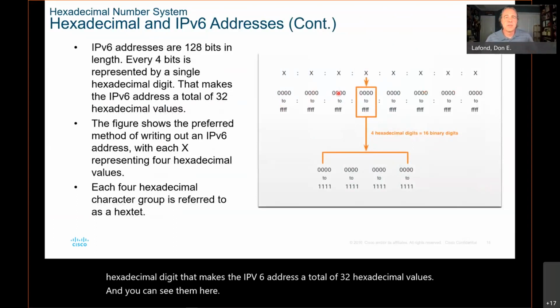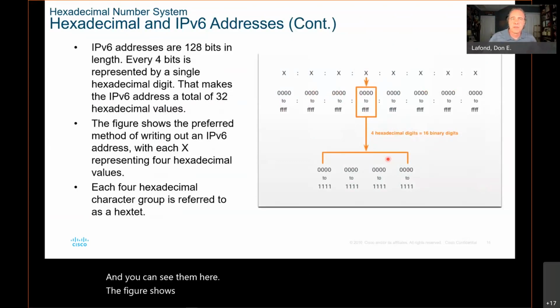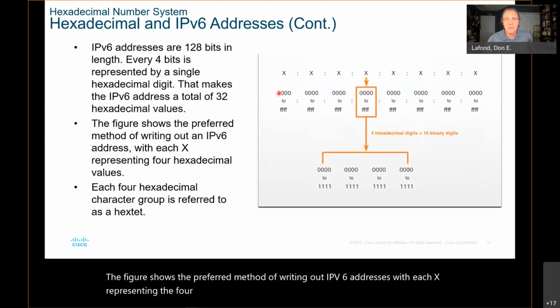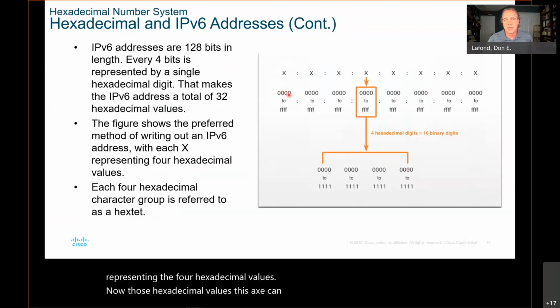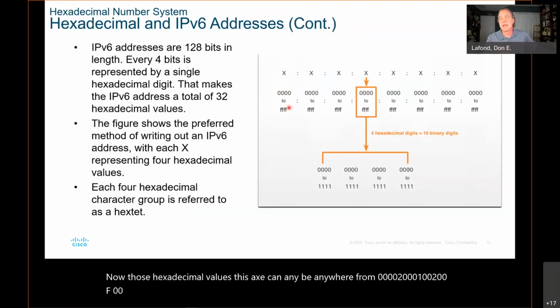The figure shows the preferred method of writing out IPv6 addresses, with each X representing 4 hexadecimal values. Now, those hexadecimal values, this X can be anywhere from 0000 to 0001, 0002, 000F, 0010, on and on, all the way up to FFFF.